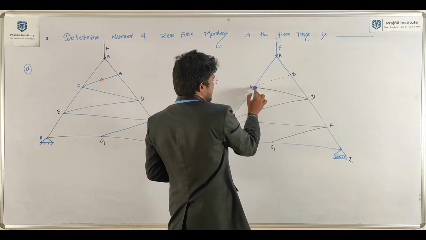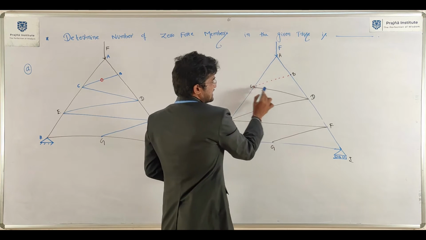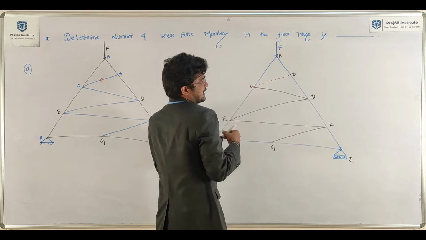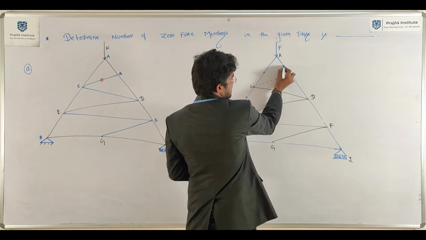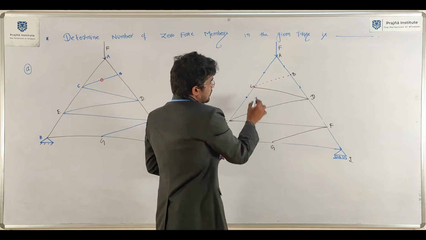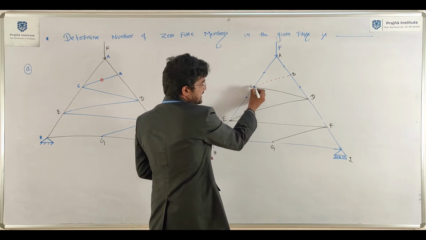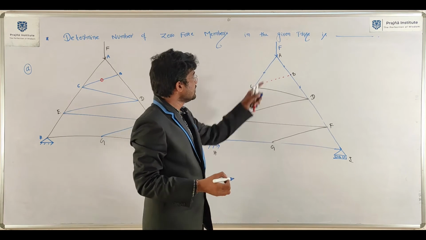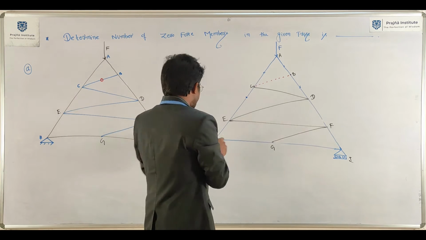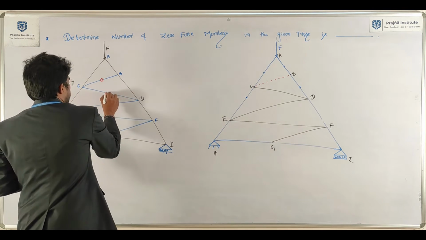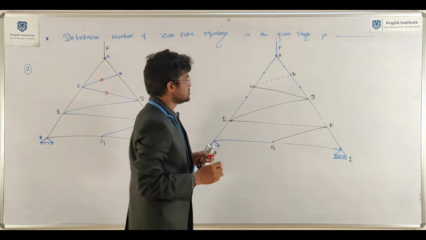Now AC, CE, CD. Clear? Here these two are collinear. Three members are connected by the joint. Two members are collinear and force in the non-collinear member must be 0.